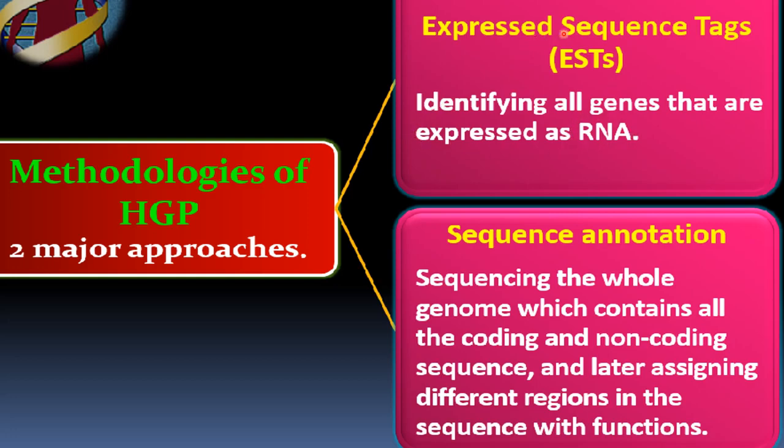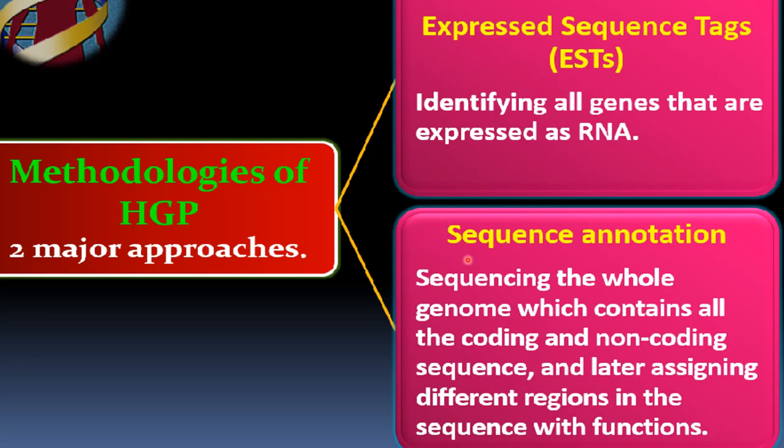So in this approach, what is done? Identifying all the genes that are expressed as RNA. The genes of the genome which can express themselves as RNA are identified in this approach.